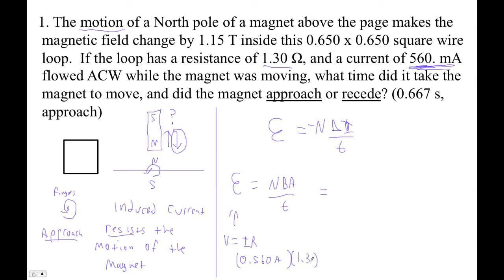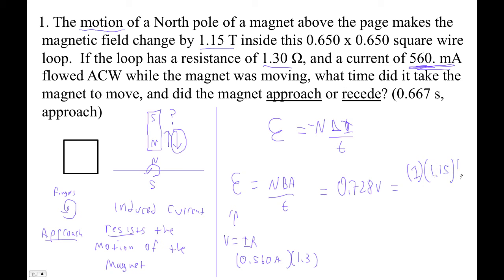So let's figure that out. 1.3 times 0.56 is 0.728. So we're going to go 0.728 volts is equal to N, which is 1, and then our B changes by 1.15.